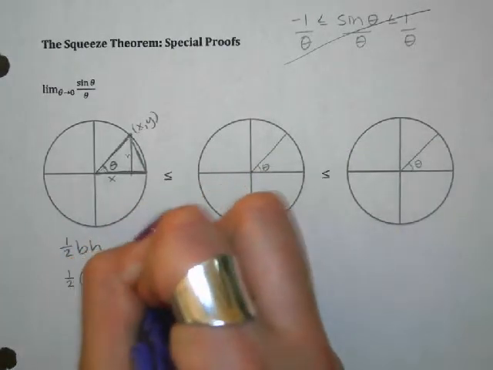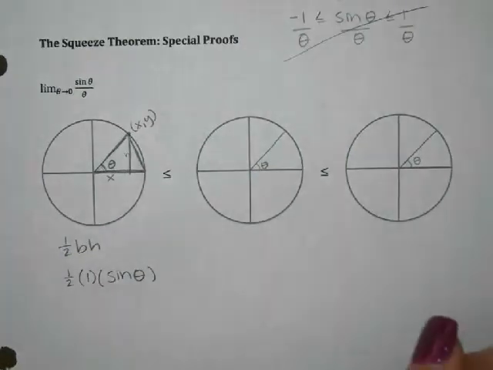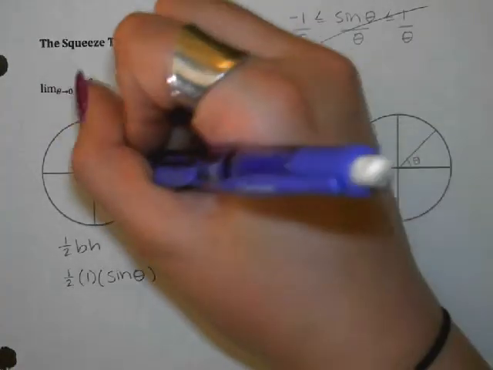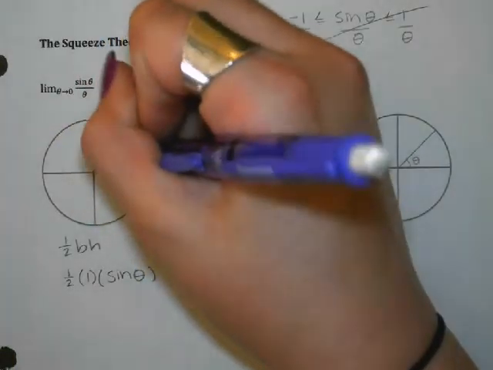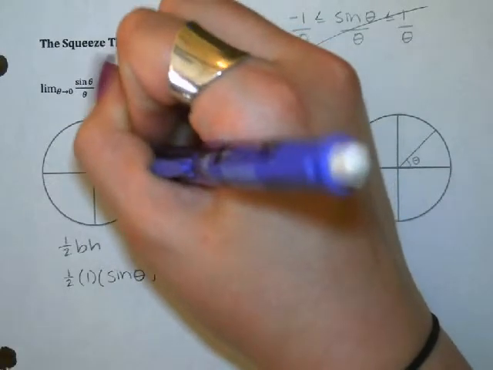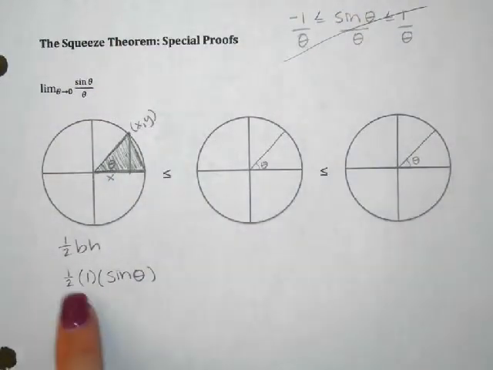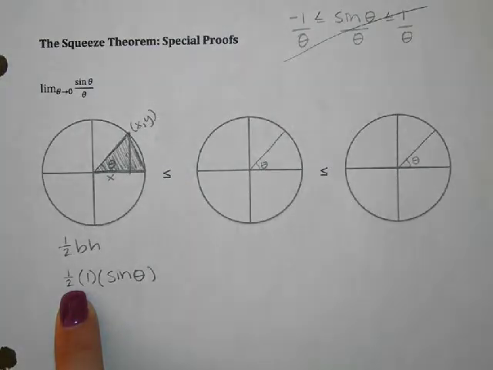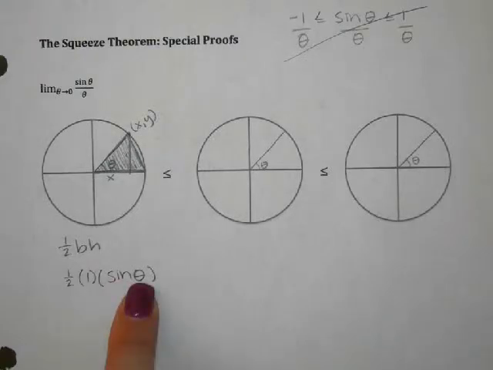And that's because sine theta is exactly the same thing as y. So at this point, we are finding the area of this whole triangle right here, and we are representing the area of that whole triangle using this expression: 1/2 times the base of 1 times the height of sine theta.